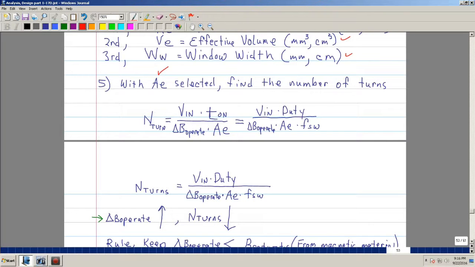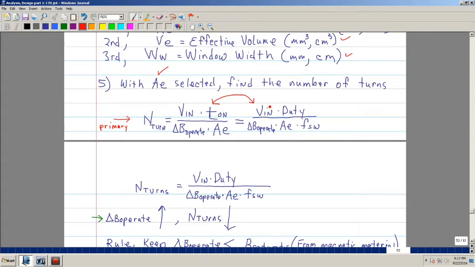Let me go over this equation. This equation says that it's the N turns, basically the number of turns that your primary will have. And these two are equivalent. You can use either one.